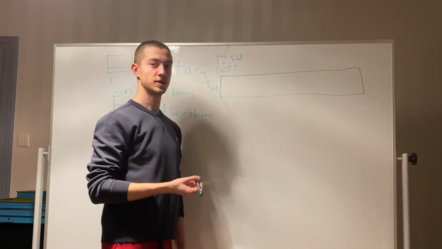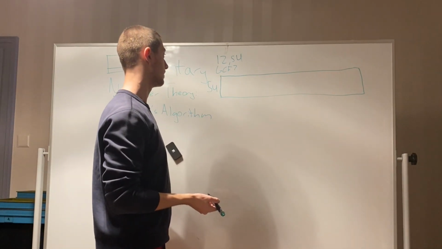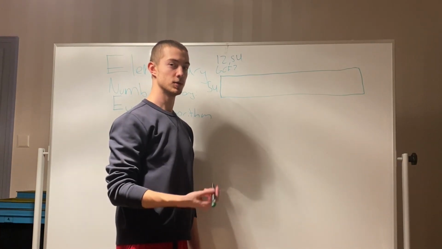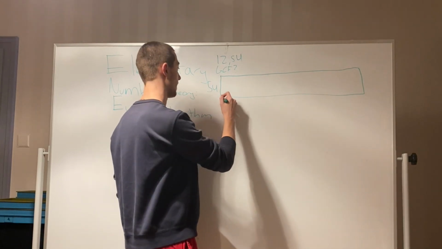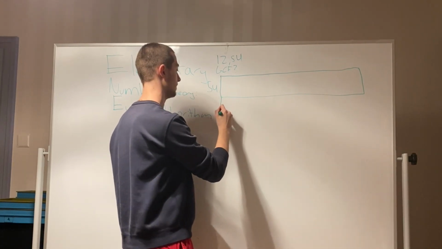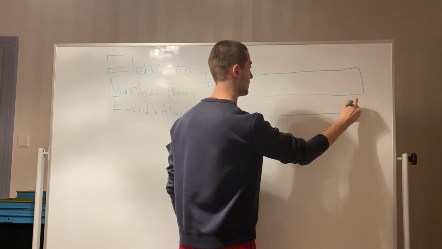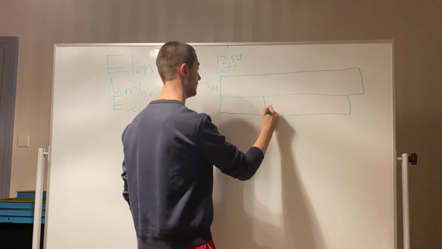Well, 54 itself is not divisible by 12, but the closest multiple of 12 to 54 is 48, which is divisible by 12. So how can we express that? Let's say that we have a block which is a bit smaller. So it goes almost all the way, and it consists of 4 blocks of 12.